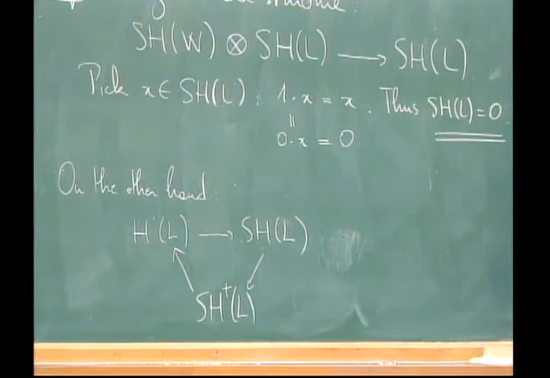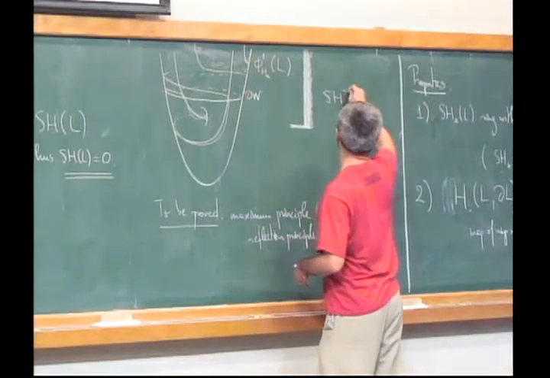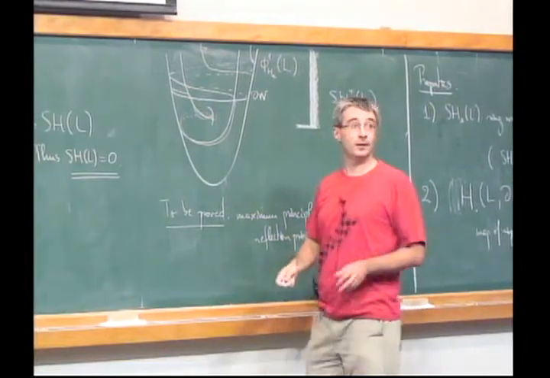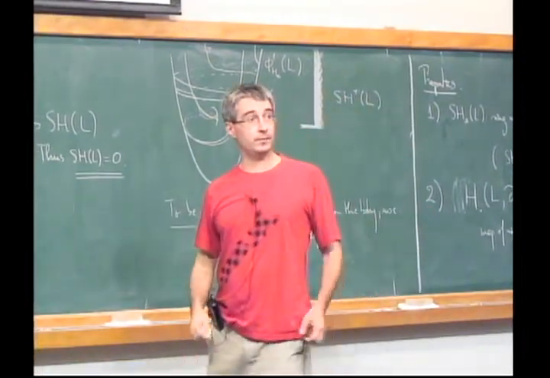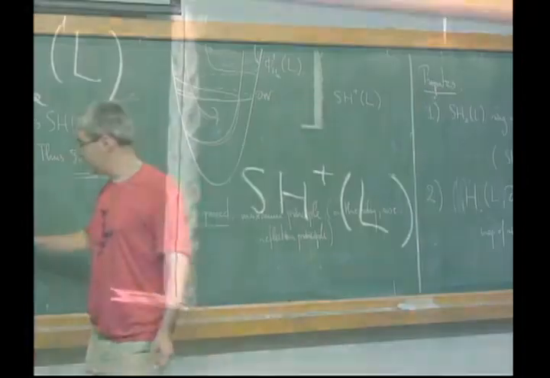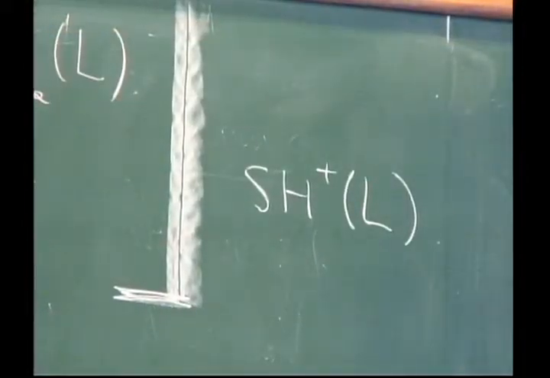Same story as before. Plus version means what we see in this region up to here. That's SH plus of L. We truncate in positive values of the action. So if this thing is 0, it means these guys are isomorphic.